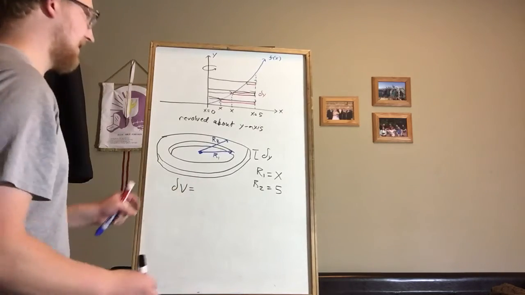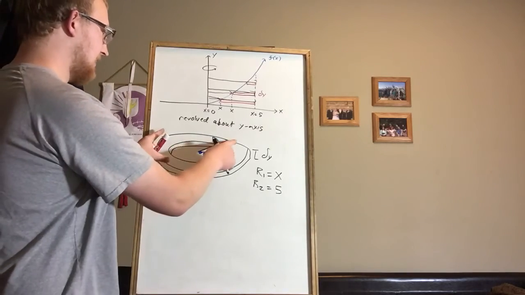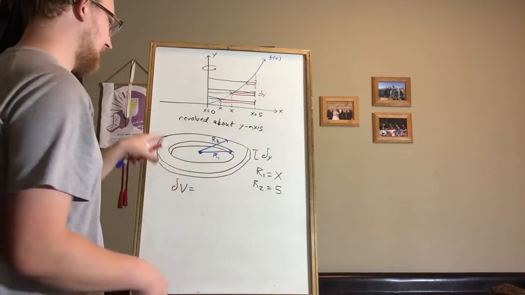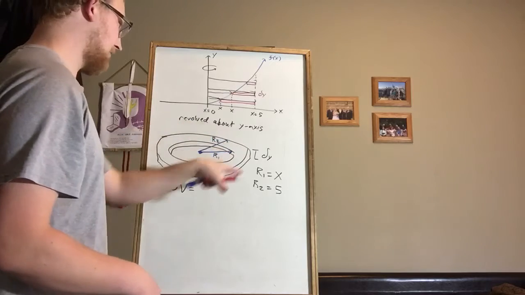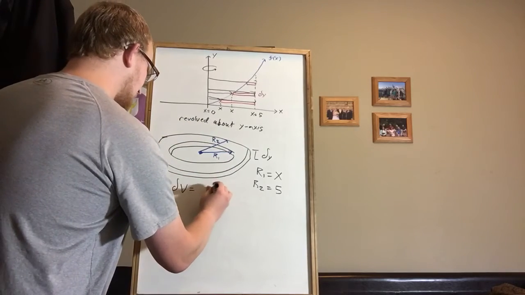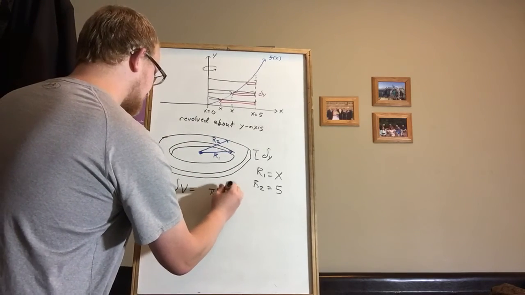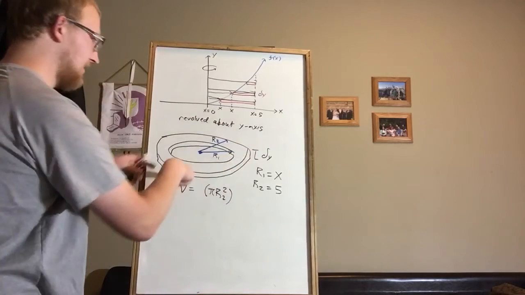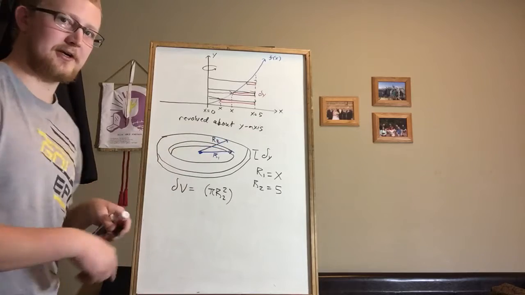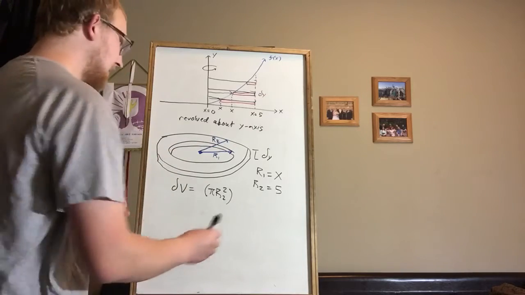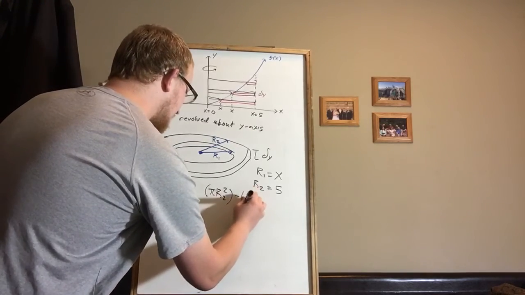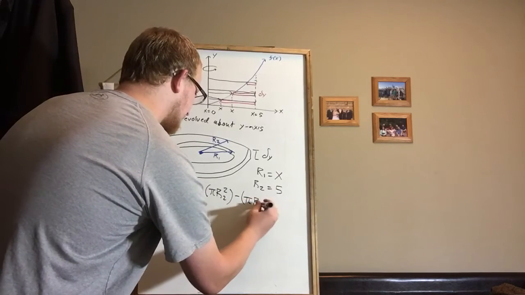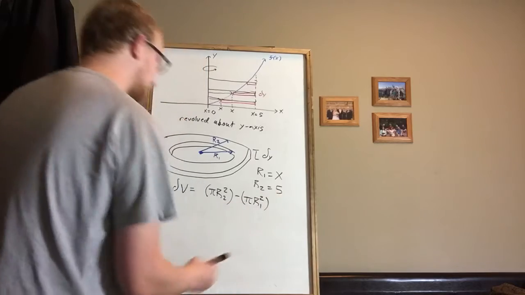But it's important to realize that if we take the area of the outer, so in other words, pi R2 squared would give us this whole area, including this little interior chunk that's been cut out. And then we subtract the inner radius's area, so that would be pi R1 squared.